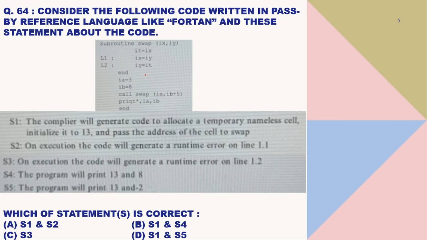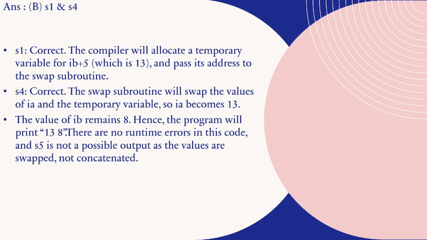Our next question: consider the following code written in a pass by reference language like Fortran, and the statements about the code. Here we have the code and some statements, and we have to find out which statements are correct. The correct answer is statements S1 and S4. Statement 1 says that the compiler will allocate a temporary variable for ib plus 5, which is 13, and pass its address to the swap subroutine.